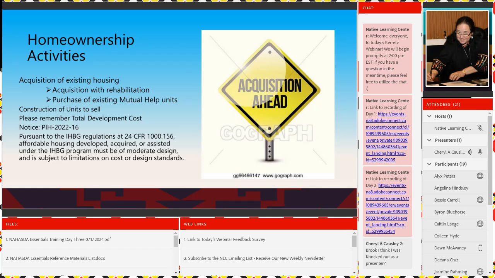There was no way that we could purchase a home of that size, everything in place, or build one of that size with everything in place as cheap as we could purchase one. We were very fair to our tribal members, and then we would try to get the remaining ones a different, smaller property. So for purchase of existing mutual help homes, always ask for the right of first refusal with your banks, and when you have any involvement in the mortgage process for your tribal members.